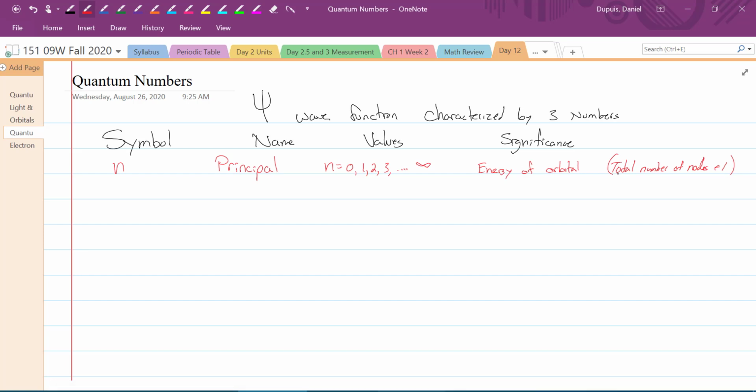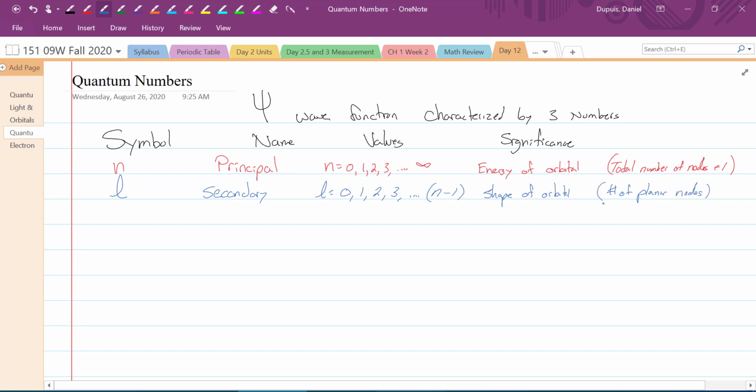Then there is the secondary, L. And L is anything 0, 1, 2, 3, all the way up to n minus 1, whatever n minus 1 is. It's our shape of orbital. It's the number of planar nodes.